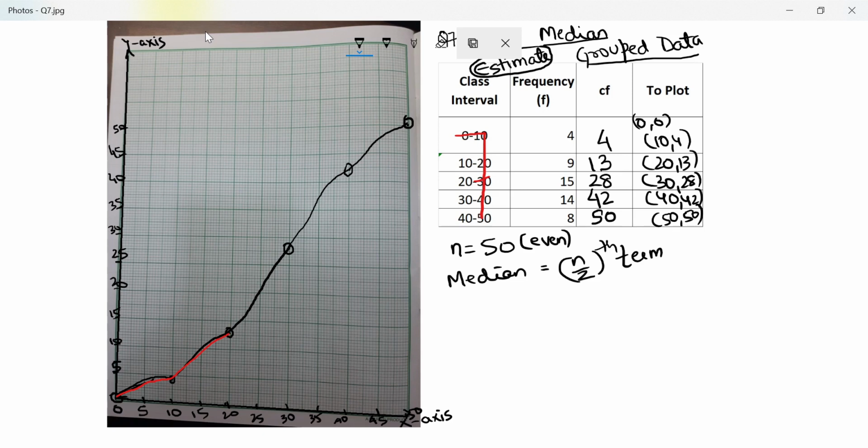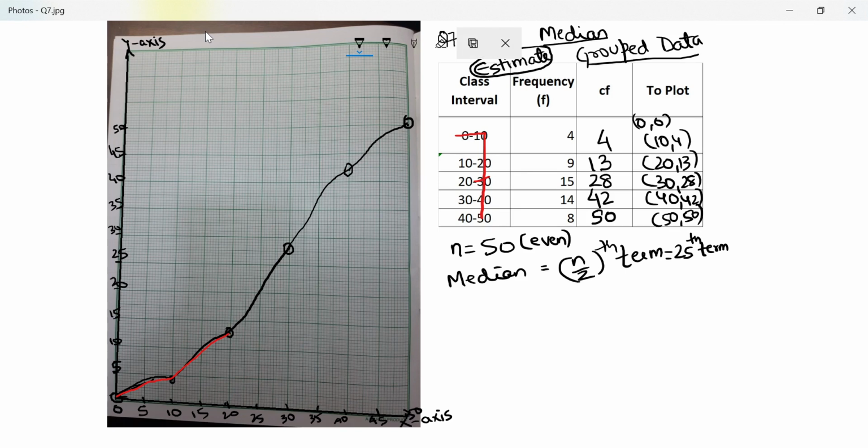Whenever we are doing it with an ogive, we directly divide by 2. In case this was odd, I would have added 1 and divided by 2, but in case it's even, I just divide by 2, which means this will be the 25th term. So I need to find where my 25th term is.